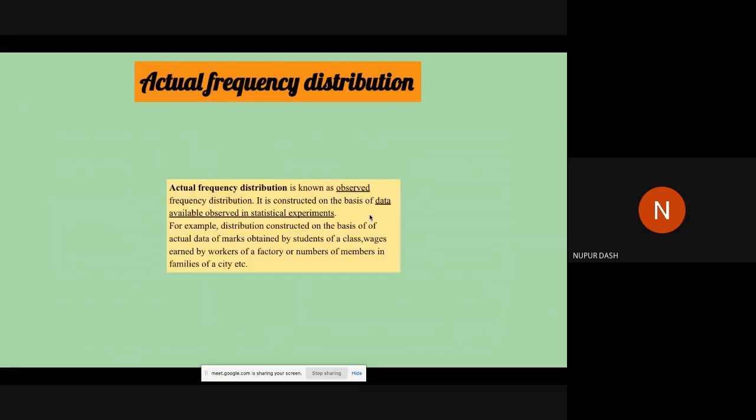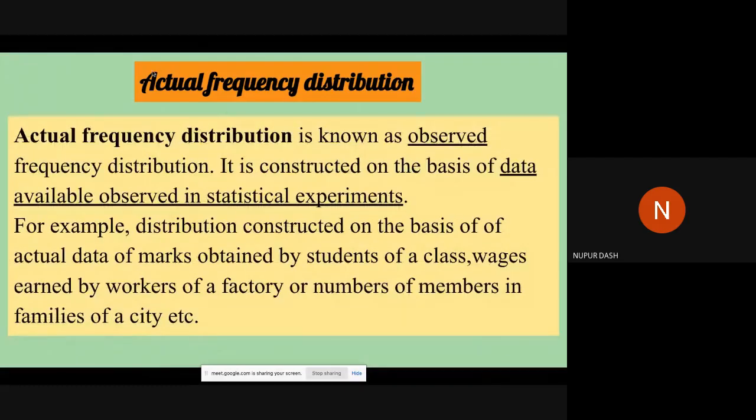Actual frequency distribution. By the word actual, you can guess that it would be something based on real facts, right? So it is known as observed frequency distribution. It means after you have observed something, you have made the list or a table. So it is constructed on the basis of data which is available, observed in statistical experiments.